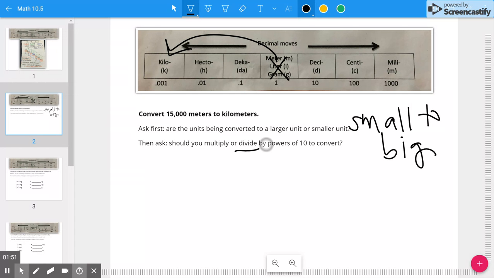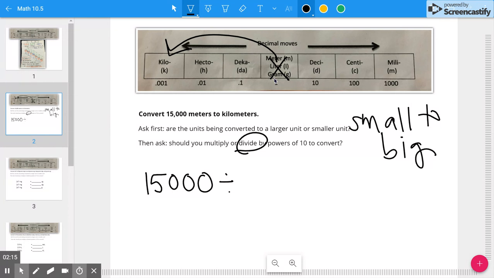So that means that I am going to divide by powers of 10 to convert. Just like before, we start with the number that we know, and we know 15,000. And I already know I'm going to divide. Now I need to figure out how much I'm going to divide by. When we're moving on this metric scale, we're moving by powers of 10.